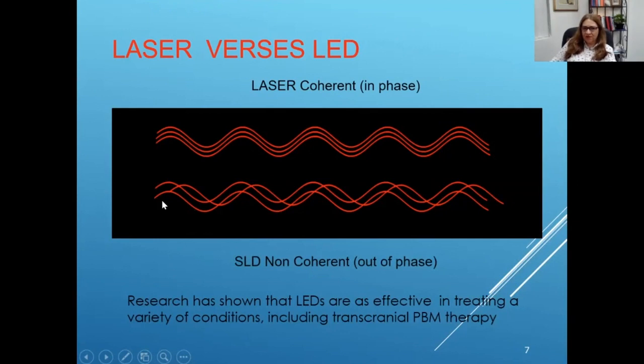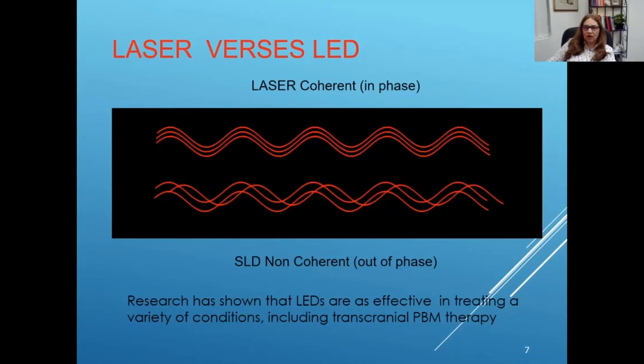Whereas with an SLD or an LED, light emitting diode, that wavelength is slightly out of phase and non-coherent, so has no ability to cause any potential eye damage. Years ago, we used to think you had to have a laser to really have the effect on tissue. And we now realize from the research and clinical experience that LEDs can be as effective as lasers can be, especially in transcranial treatments.